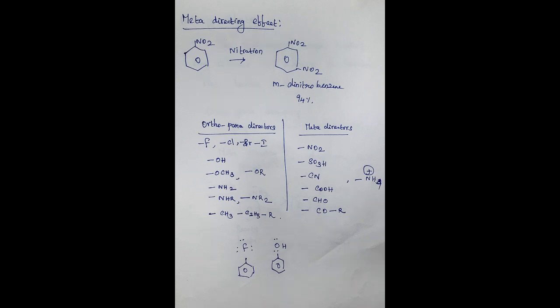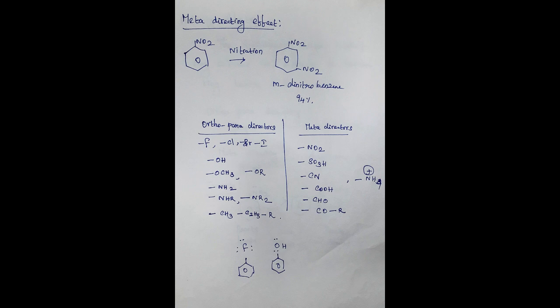Now we see some examples for ortho-para directors and meta directors. Fluoro, chloro, bromo, iodo, hydroxy groups, alkoxy, amino, and alkyl.